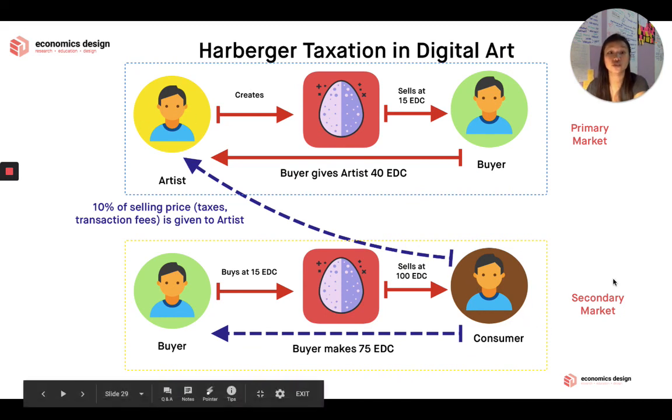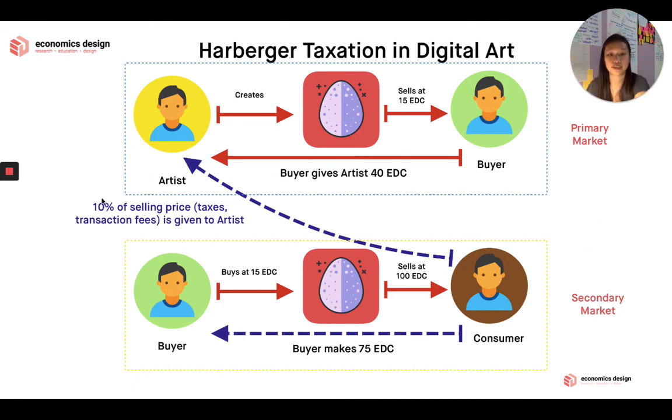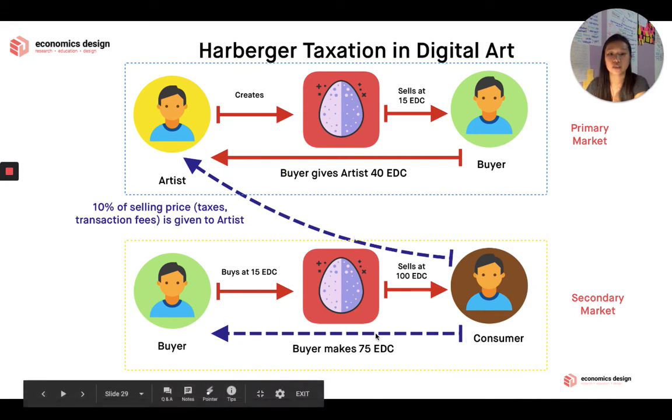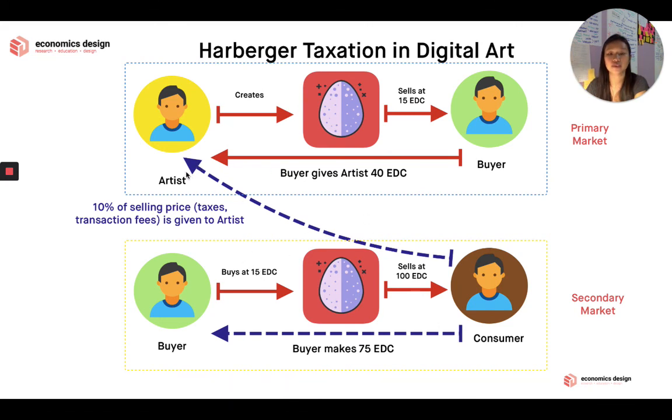And every time the consumer continues to sell, every time a transaction happens, the artist will always take 10%. And then the buyer will take the remaining difference, which is 100 minus the initial 15, and then minus this 10% that was given away.